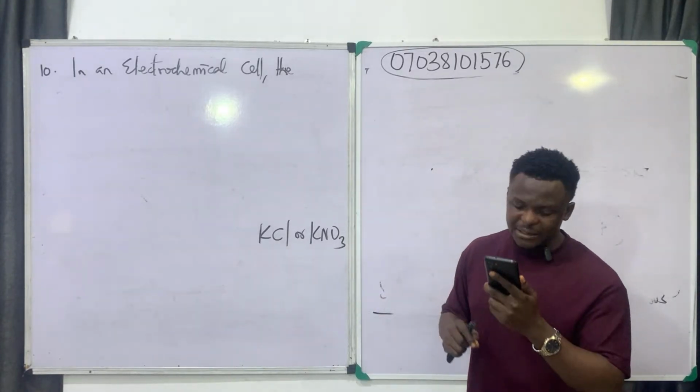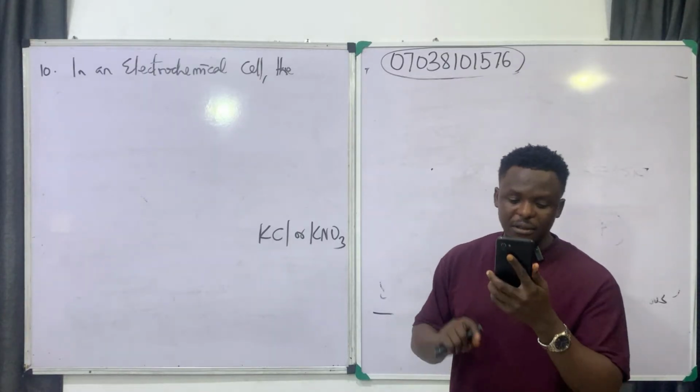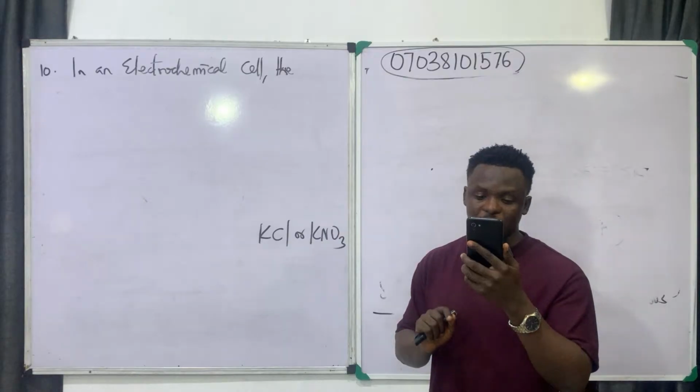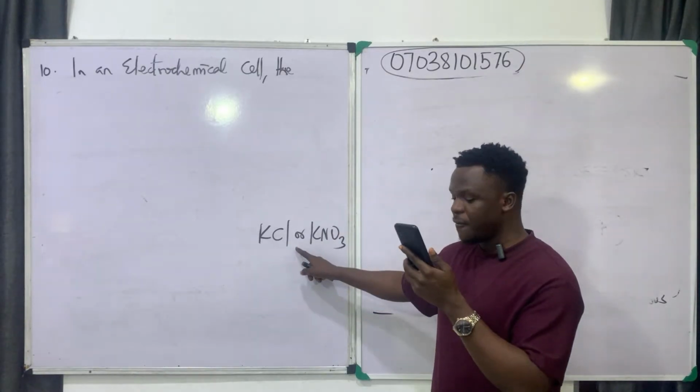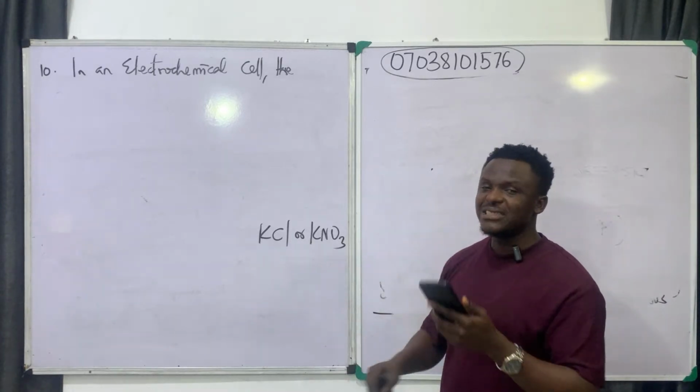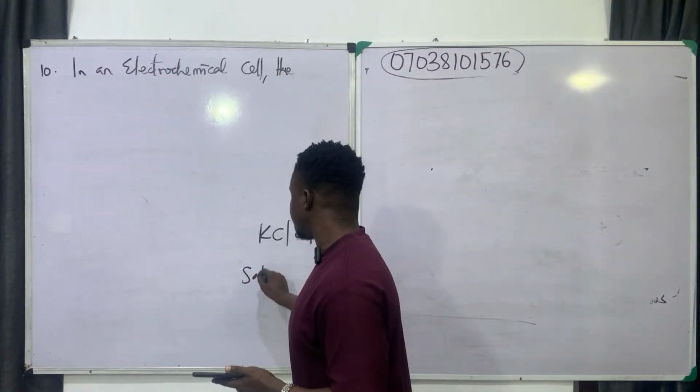I repeat, in an electrochemical cell, the medium through which ions can pass that is usually filled with KCl or KNO3 in gelatin is called dash. Class, the answer is salt bridge.